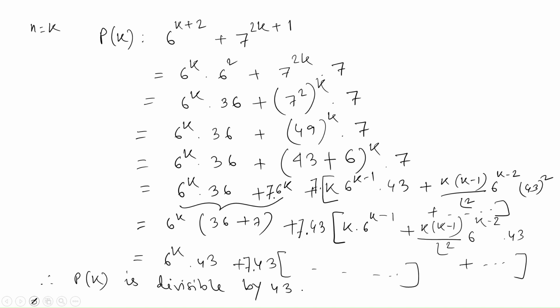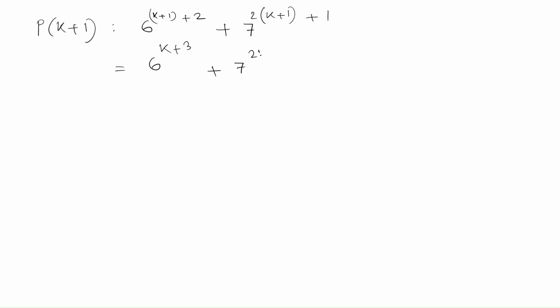Now we have to show that Pk plus 1 is true. Pk plus 1 is 6 to the power k plus 1 plus 2 plus 7 to the power twice k plus 1 plus 1, which is 6 to the power k plus 3 plus 7 to the power 2k plus 3.